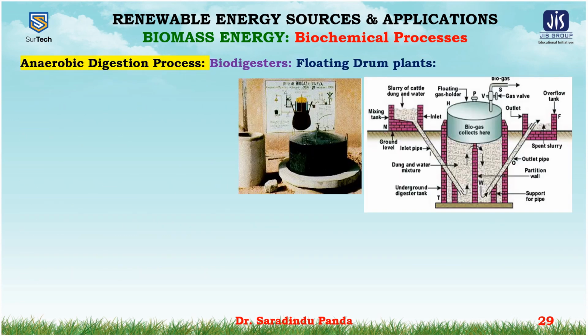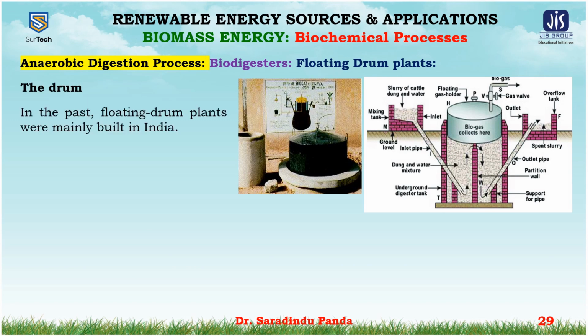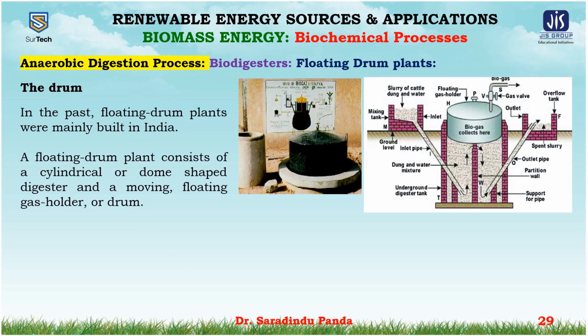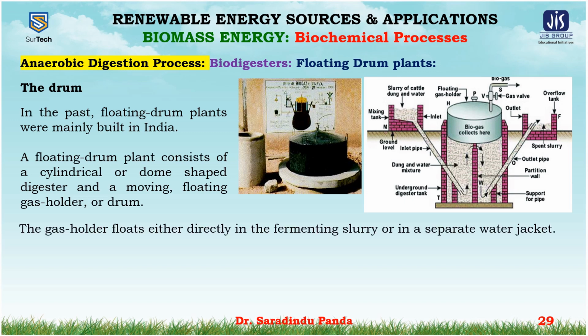Now come to the floating drum plants. In the past, the floating drum plants were mainly built in India. A floating drum plant consists of a cylindrical or dome-shaped digester and a moving floating gas holder, or drum.